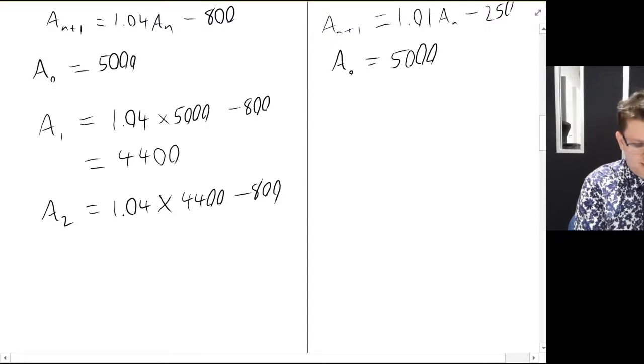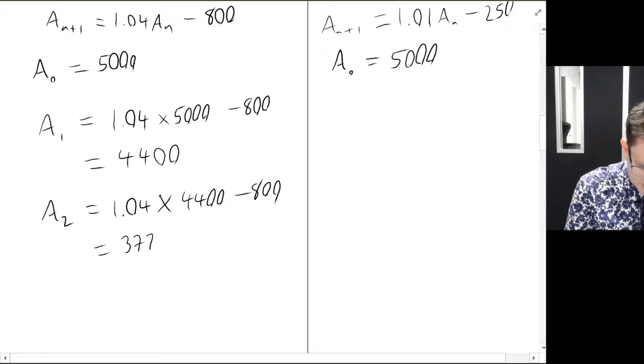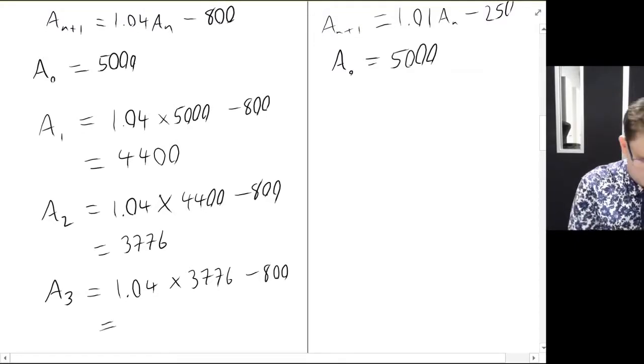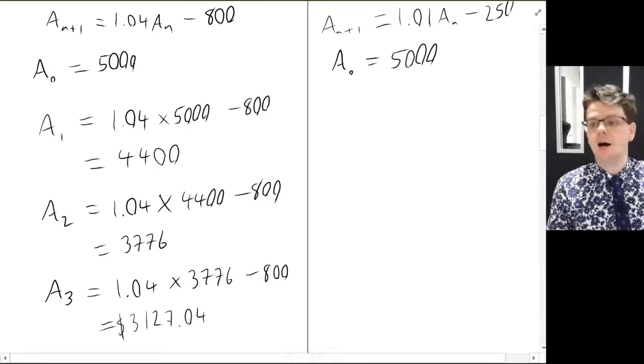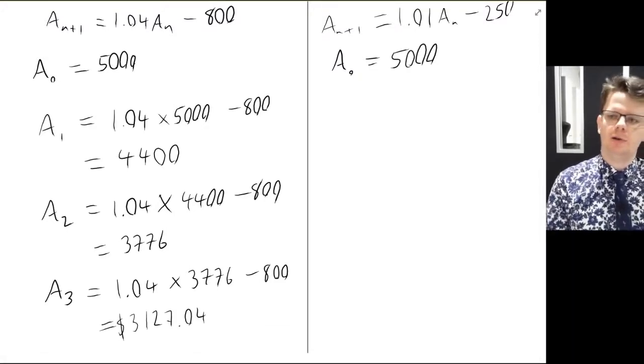This is a really useful time to make sure that you know how to use the arrow keys to edit. Saves so much time. And after 3 quarters, $3,127.04. So after 3 quarters, that's how much my loan is going to be.